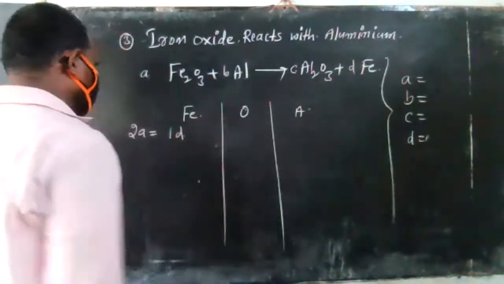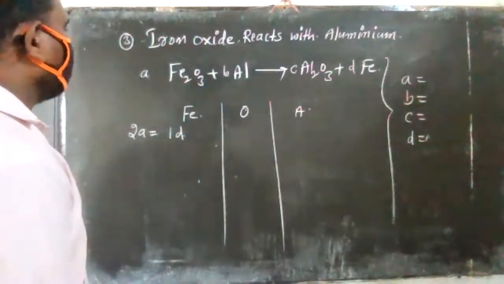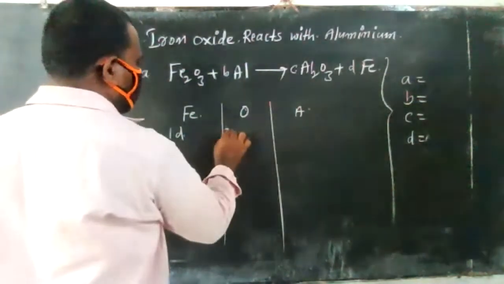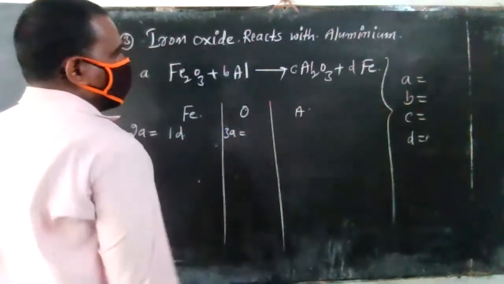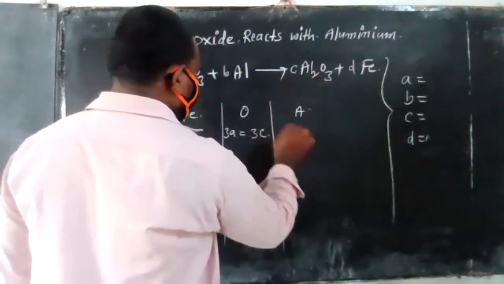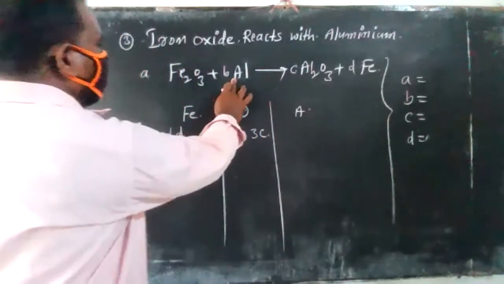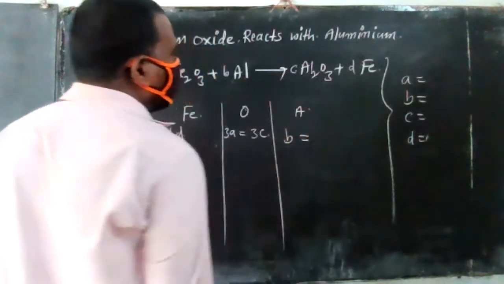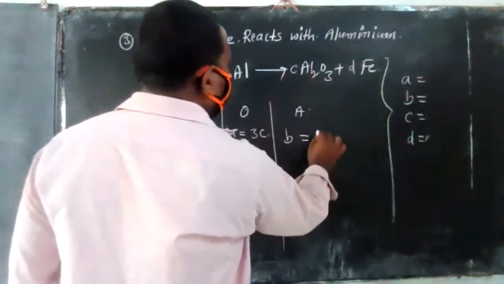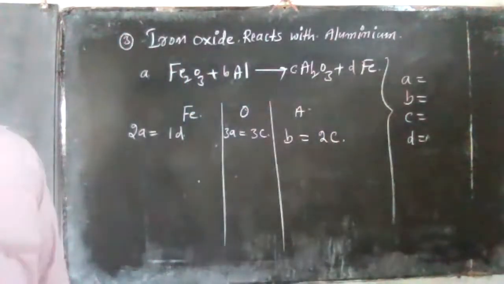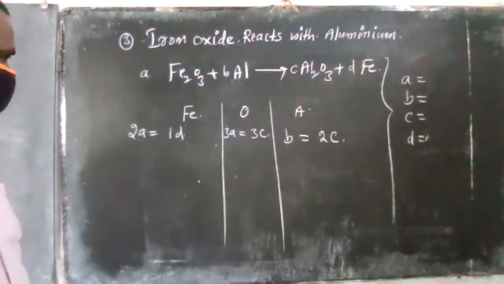Now oxygen: 3A is equal to 3C. Now B: only one B, 1B is equal to 2C. So this is the prepared equation.